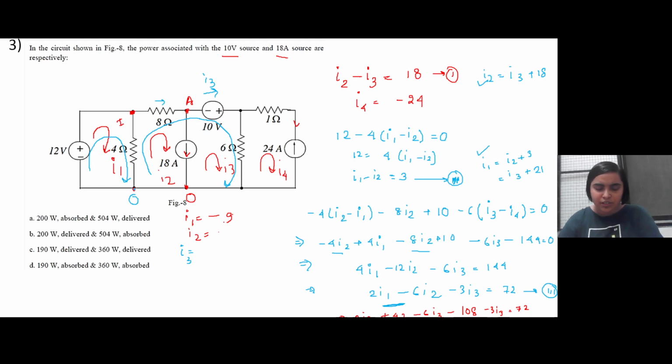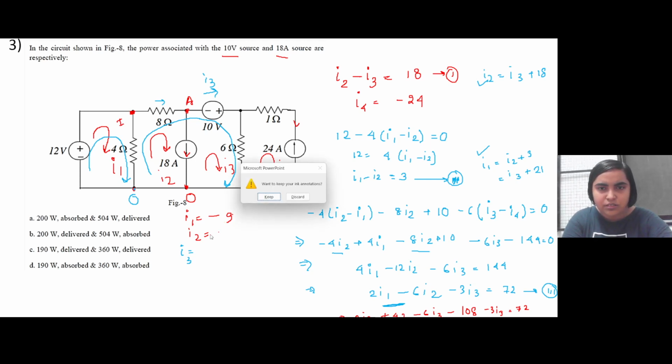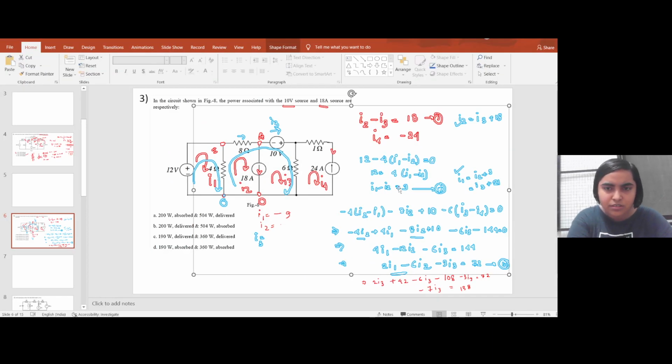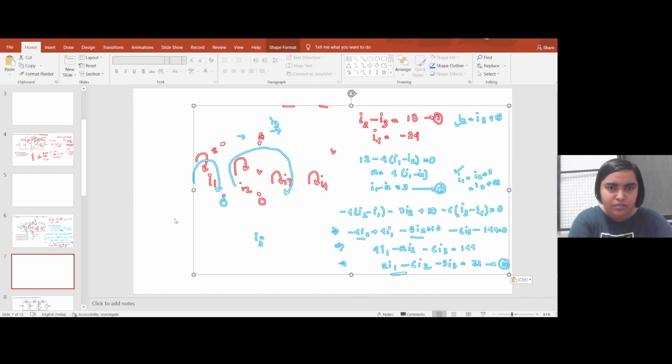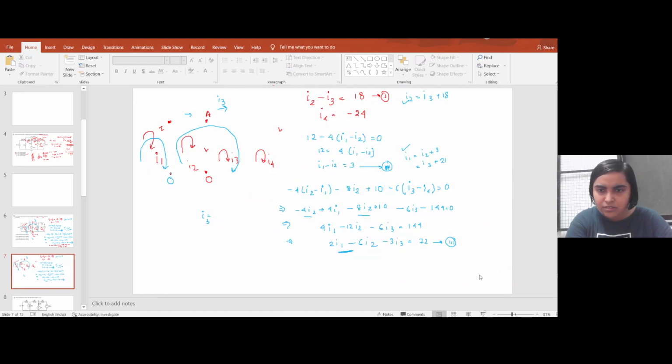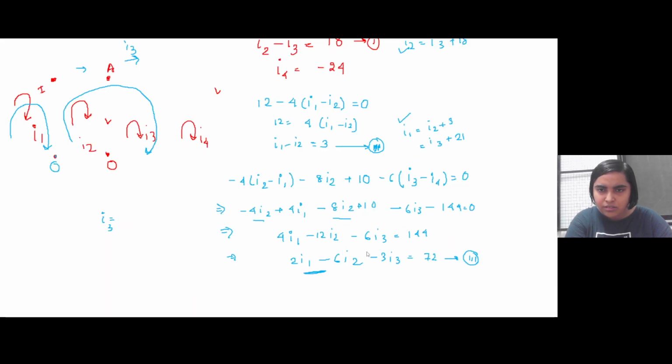Let me do it on a fresh page. That will be easier, I guess. So let me copy it to a different page. So 6 I3 minus I4.